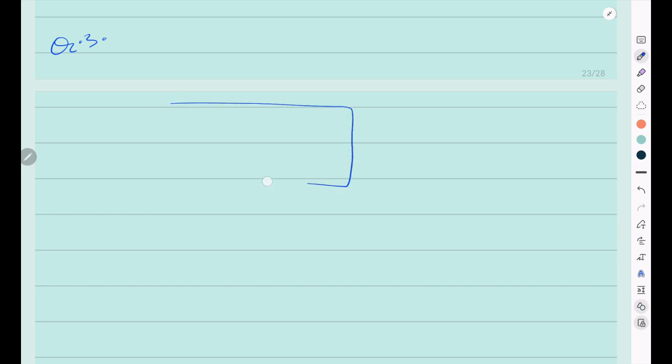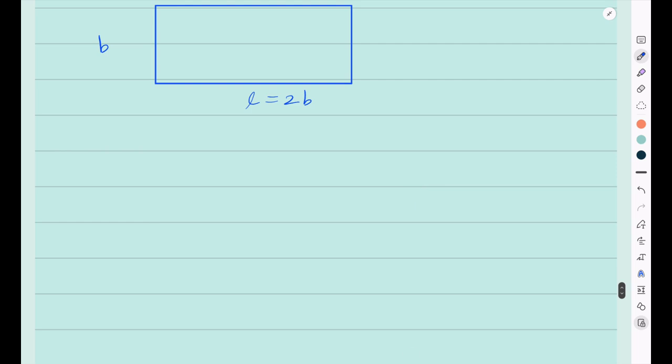Let us make a rectangular field, which has this length and this breadth, and it is telling that length is twice its breadth. So L is equal to 2 times B, and the area is 800 meter square. First of all, it's asking whether it is possible to design a rectangular mango grove whose length is twice its breadth, and its area is given.